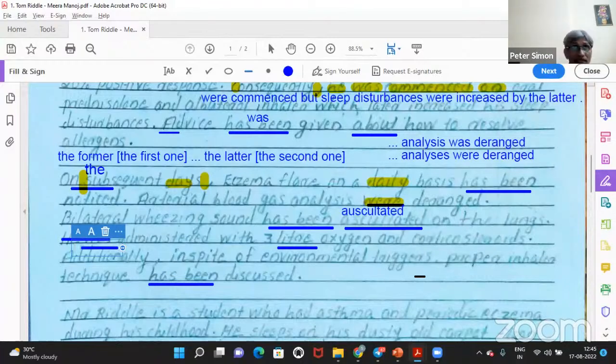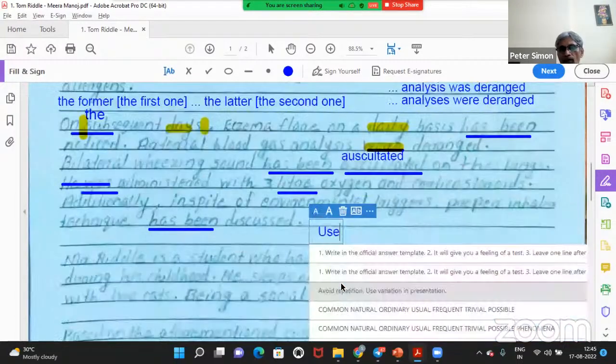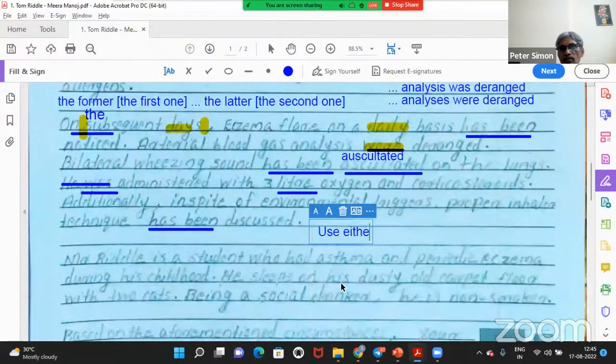Rule of either or, not both and. That's the point. Remember that. Use either the past or the present, but not both and. So the rule is, I'm writing the rule here. Use either the present or the past.